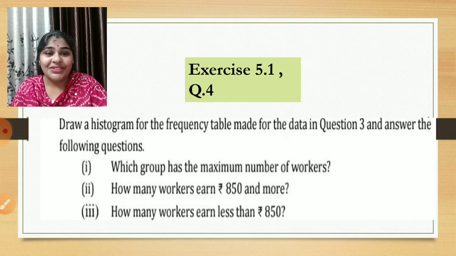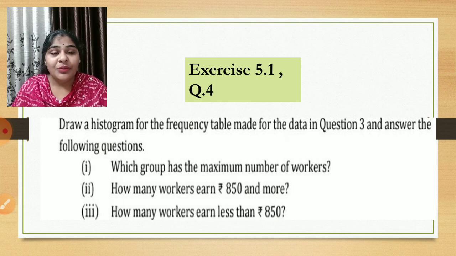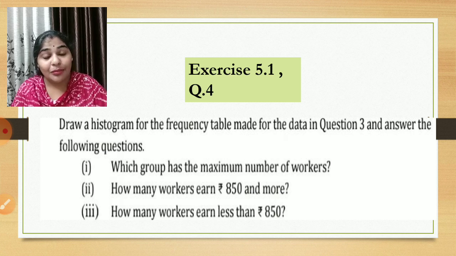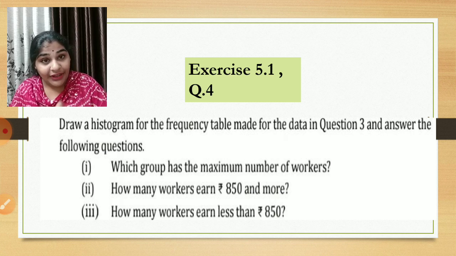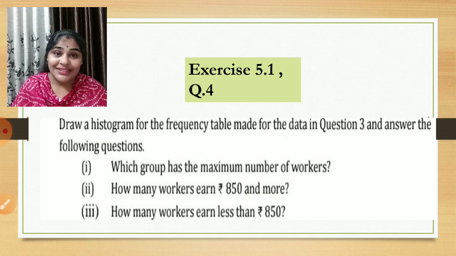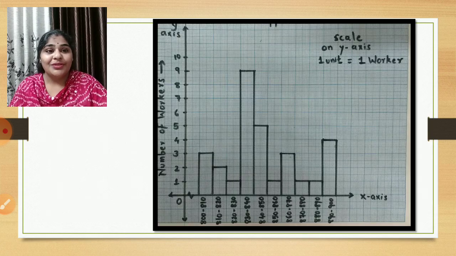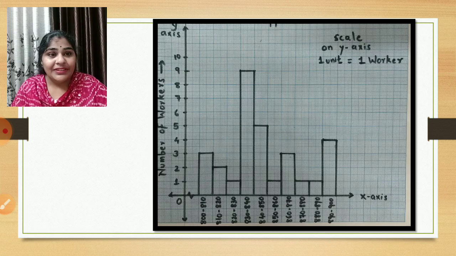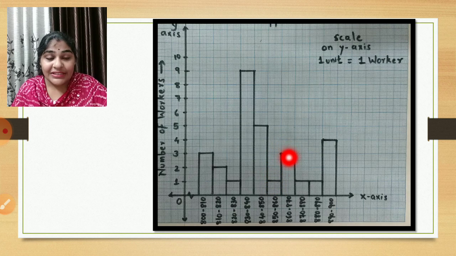The next question is, how many workers earn rupees 850 and more? So 850 and more. Which class interval should I begin with? That is 850 to 860, right? So here you can see, children, this one is 850 to 860, which is showing one worker. Next is 3 workers.